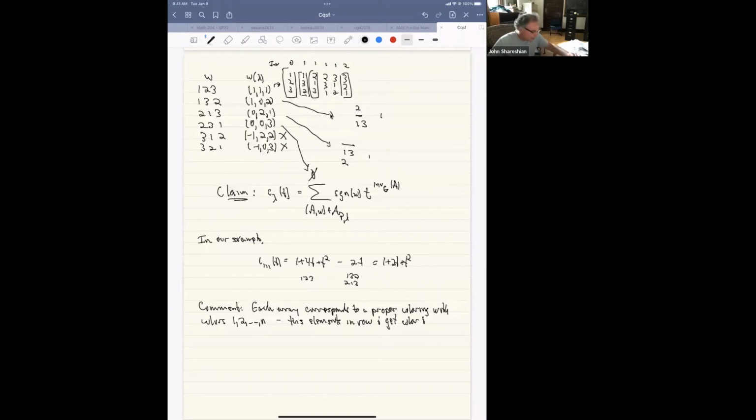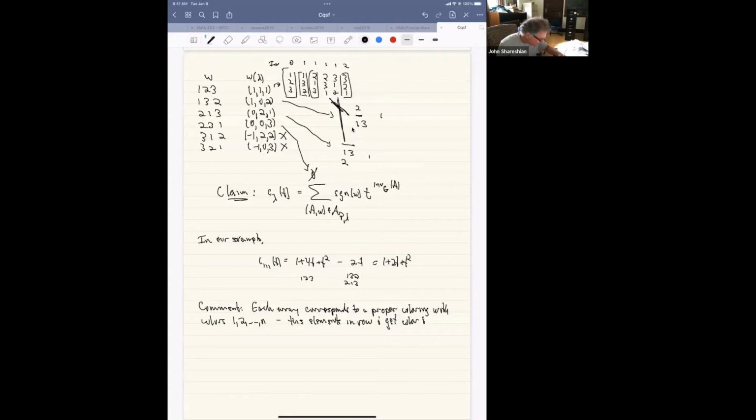So we have to pair these off, and in this picture, maybe you believe there's a fairly obvious way to pair them off. We pair these two and these two, right, by taking this 3 and moving it into the hole. Right? So the proof is some generalization of this picture. Right? And I certainly don't have time to convince you it works, but I want to tell you what it is. Right?